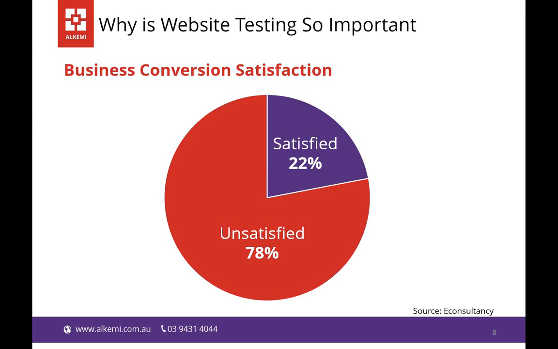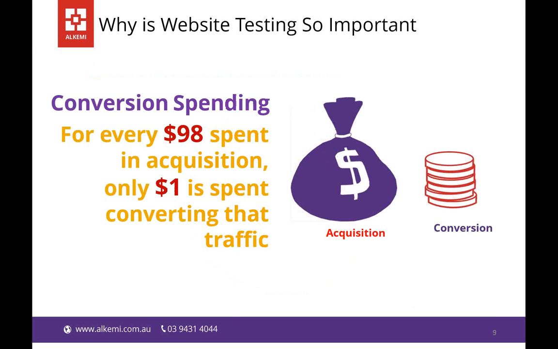Only 22% of businesses are saying, yes, I'm happy with the rate at which I'm turning visitors into customers or into prospects. Yet despite this, for every $98 spent in acquisition, only $1 of that is spent converting traffic. Most businesses have grave concerns about their current conversion rates and what it's meaning for the return on investment they're getting out of their traffic generation strategies, yet they're still throwing all their money at acquisition and nobody's really focusing on conversion.